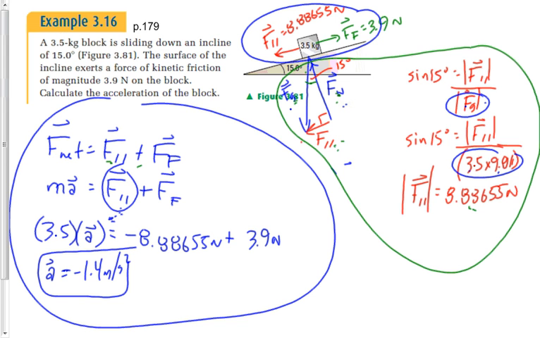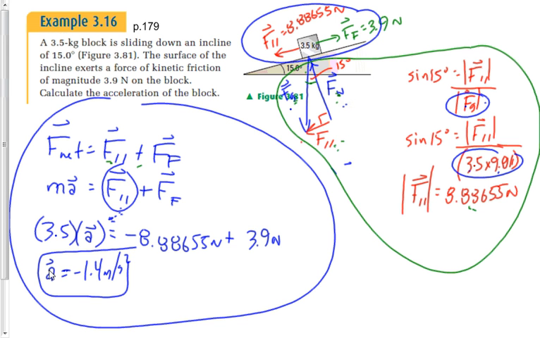Yep. Could you use tan 15 and still get the same answer? Yes, yeah. But think about what you're asking. Lewis is saying, if you found the normal force, could you use tan in order to find F parallel?